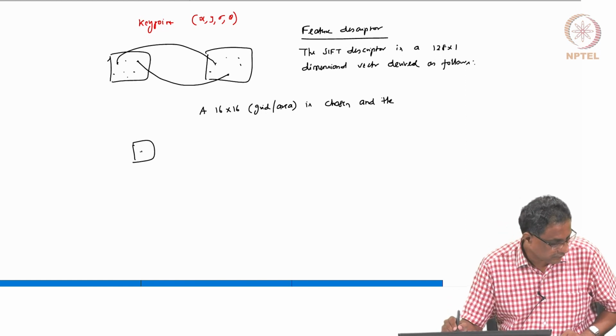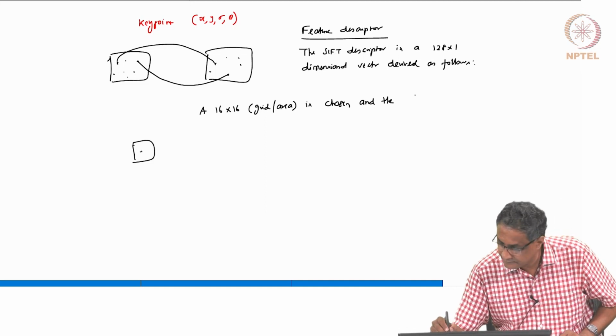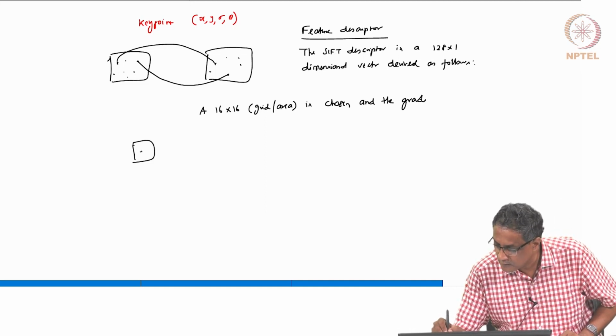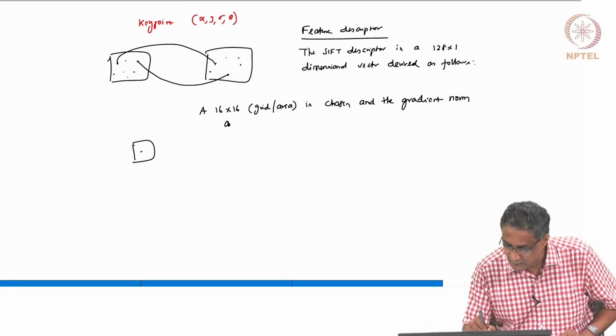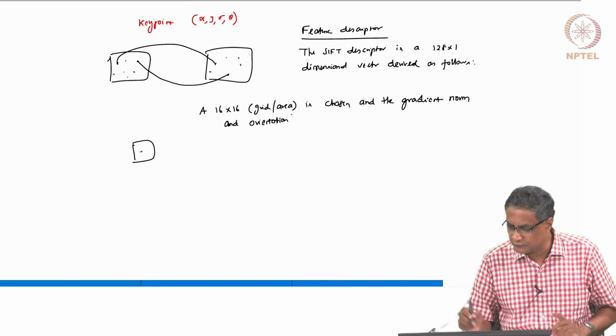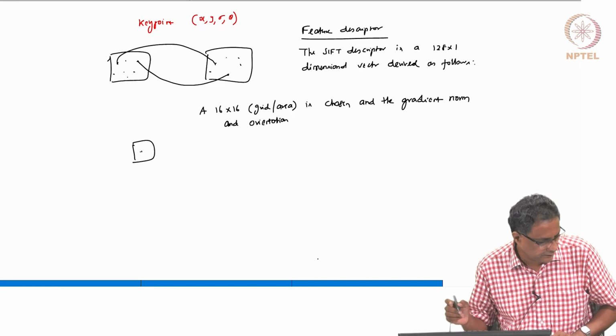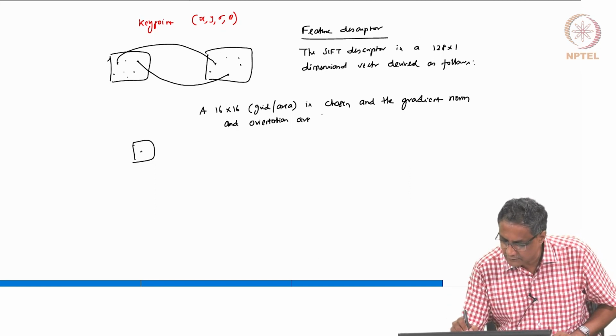The gradient norm and orientation are found for each pixel. Of course, some of these things, if you have already done them when you defined the keypoint, you could use that information. You don't have to recompute.